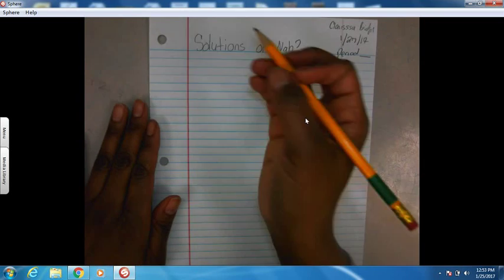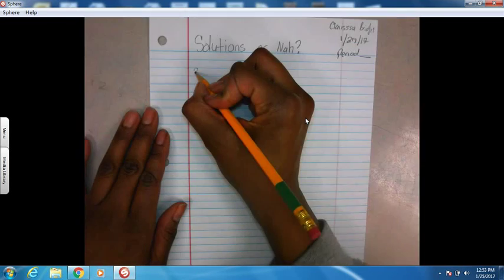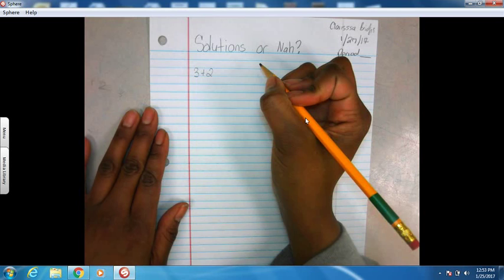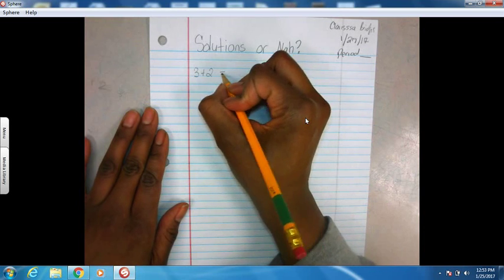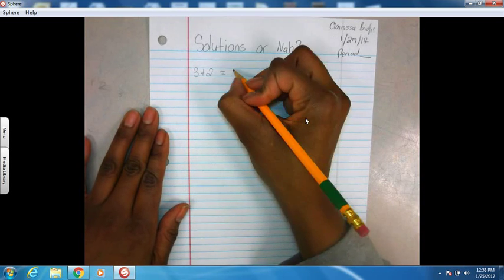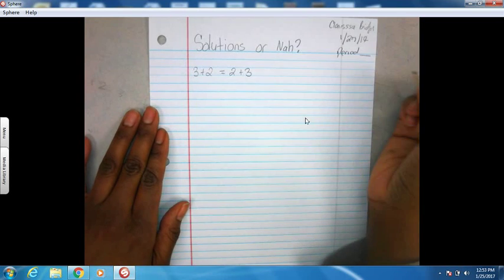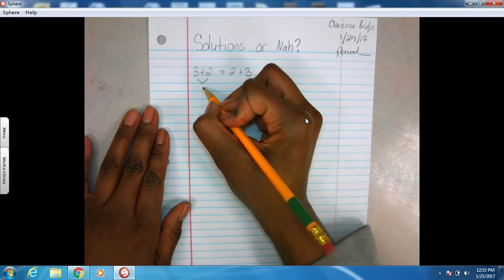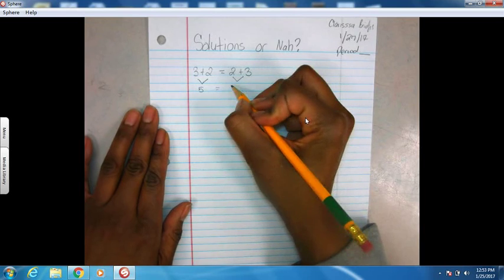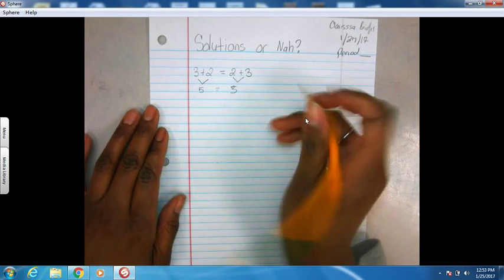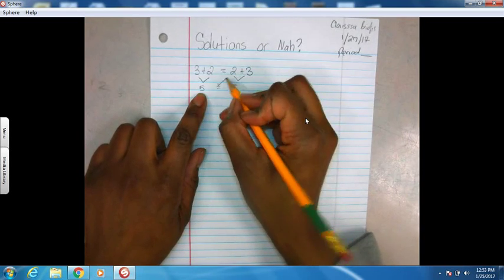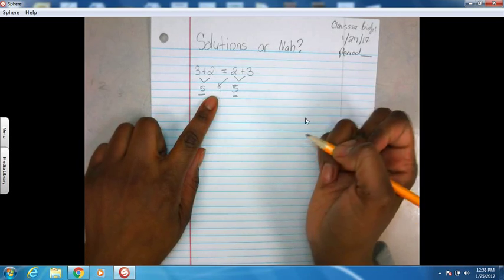Okay? So, the idea is that one side of an equation is the same or equal to the other side. So, if we look at this, 3 plus 2 is 5, 2 plus 3 is 5. This equation is balanced because both sides are equivalent.